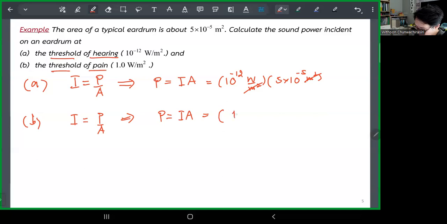So it's 10 to the 12 magnitude bigger in power to start to hurt you. And it's done. I hope by showing you these two examples, that's how you relate the power and the intensity of sound. Nice.